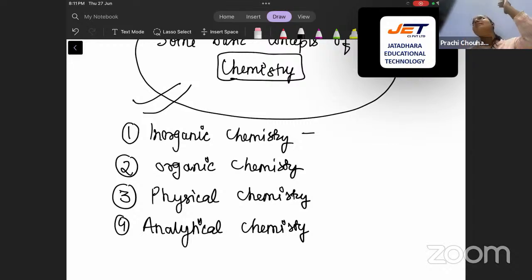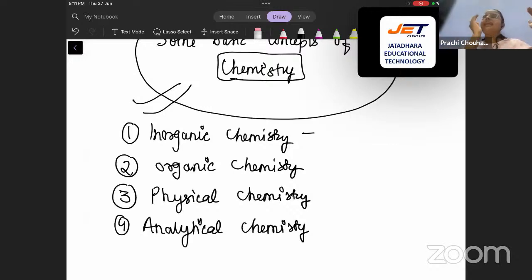When the studies were started, initially people divided chemistry into just two branches, which are organic chemistry and inorganic chemistry. And this division was just based on simple observation.